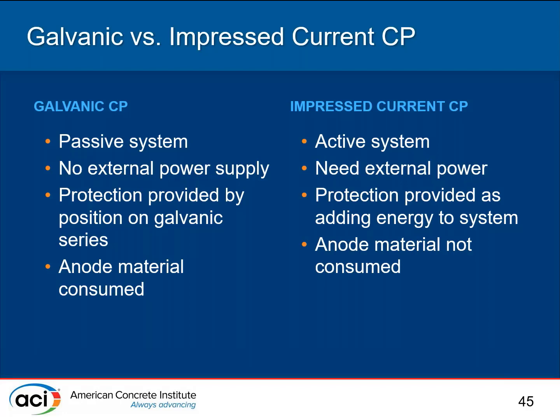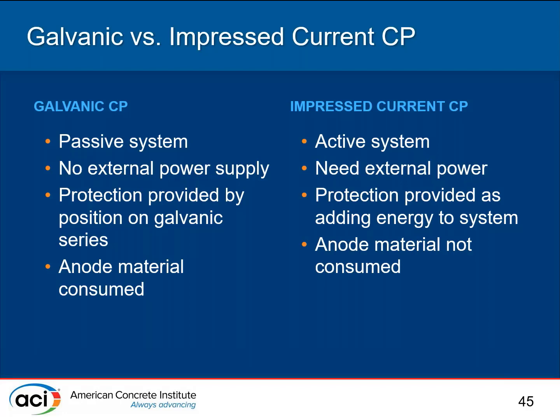And really the reason, conceptually or simplistically, that the galvanic series is providing protection is because you're supplying energy from one to the other. But to do that, if you have a passive system, you're going to consume the anodic material. So if you have zinc in there, it only has a finite lifetime because the material is consumed.